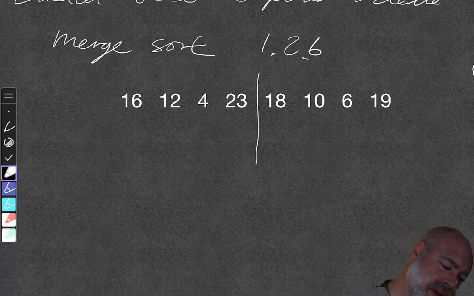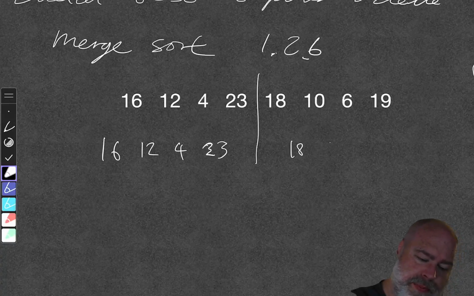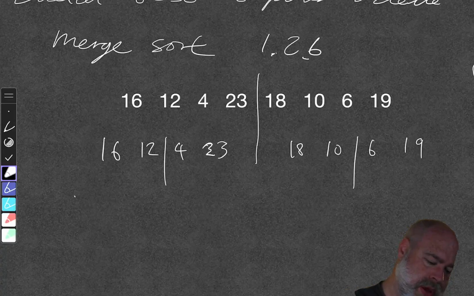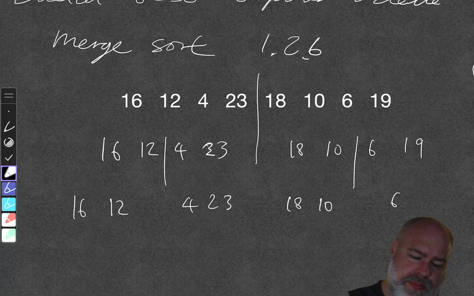So you essentially split this list into two. And you look at this side, 16, 12, 4, 23. And you look at this side. And then you keep on splitting them in two. So we've got 16, 12, 4 and 23 as little groups, mini little groups.